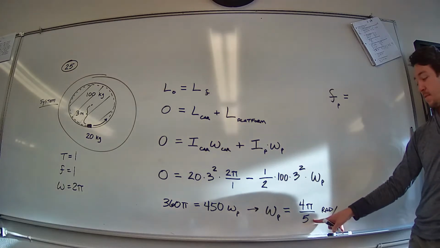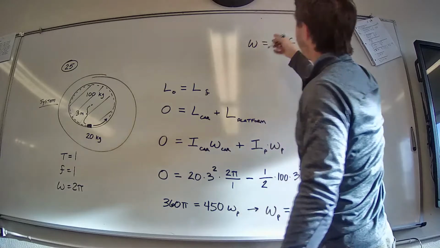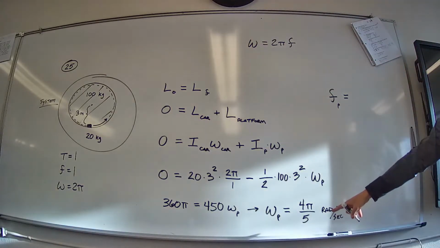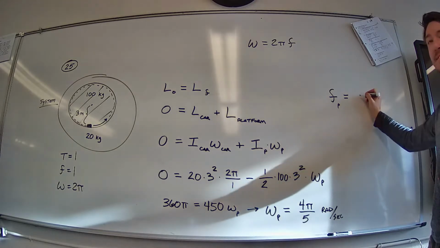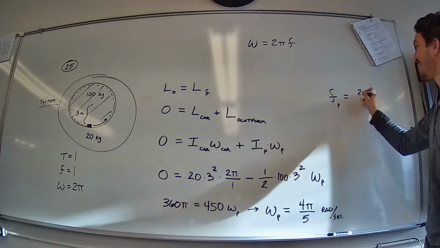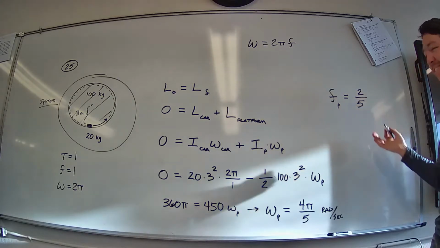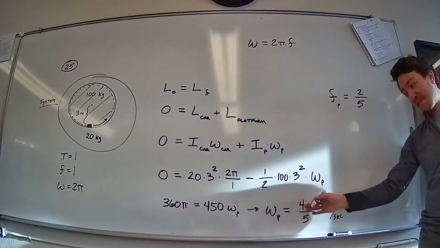Divide by 2 pi, right? Because omega is 2 pi times f. So if you divide that by 2 pi, what do you get? It's 2/5. Yes? Divide it by pi, you get 4/5.